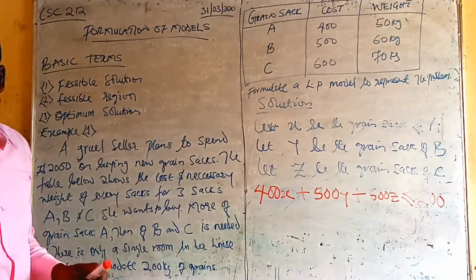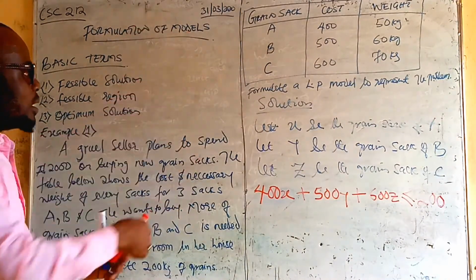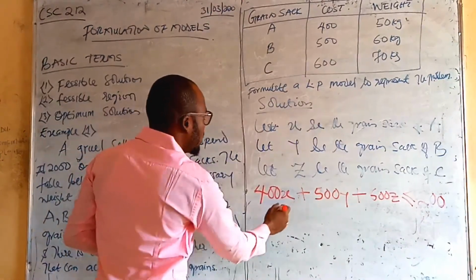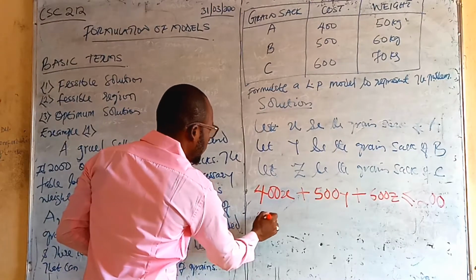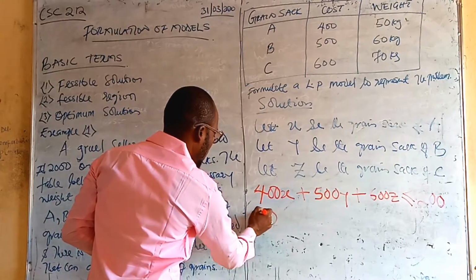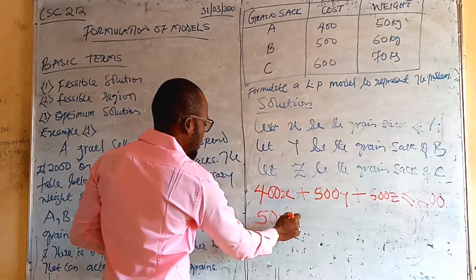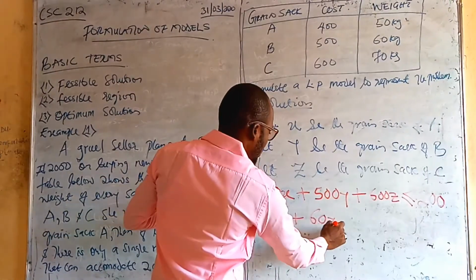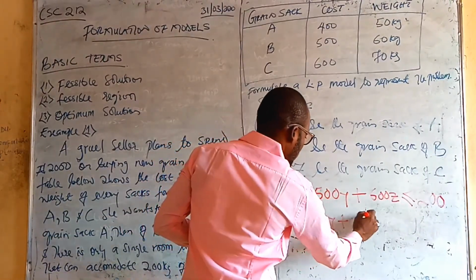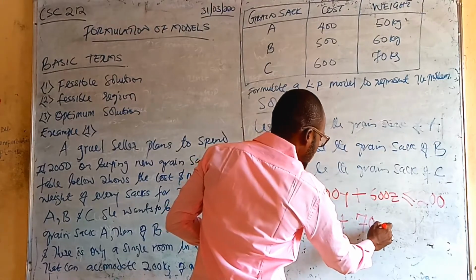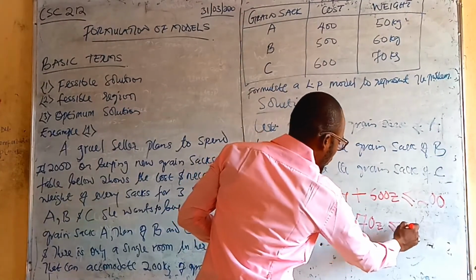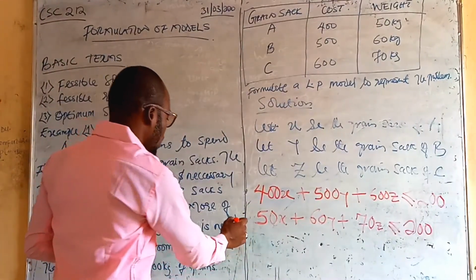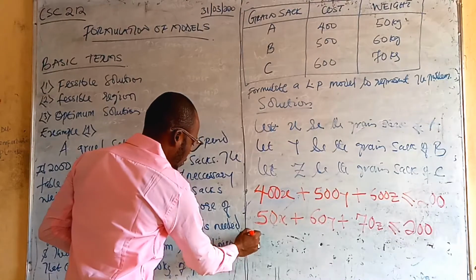Then the next constraint: we add the weight for each of the grains. We say that 50x plus 60y plus 70z is less than or equal to 200 kilograms.